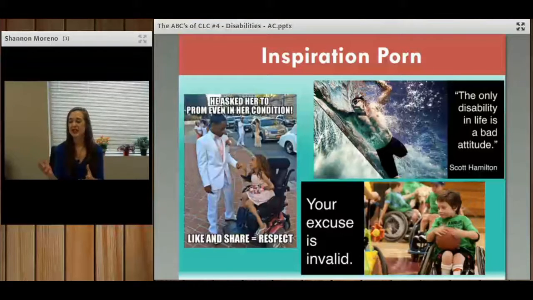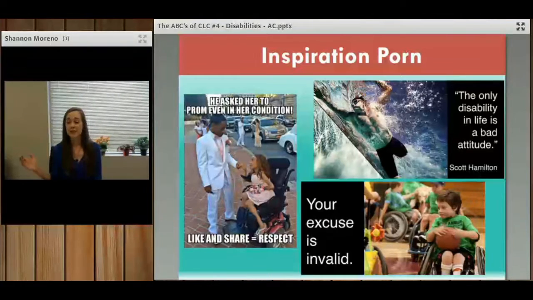These types of images, there's another one there that shows a young child using a wheelchair, says your excuse is invalid. These types of images, they really objectify, and that's where this term comes from, inspiration porn. They objectify the individuals who are in the images. It is not necessarily particularly inspiring that a person with a disability would do something with their body or with their mind.